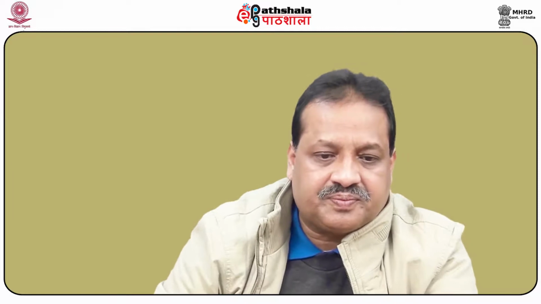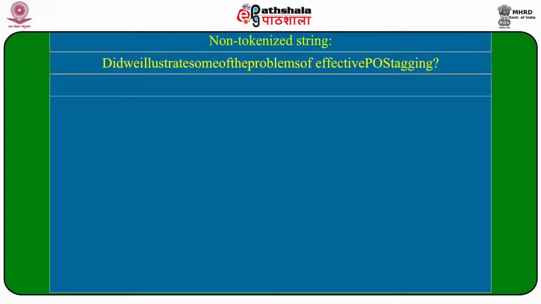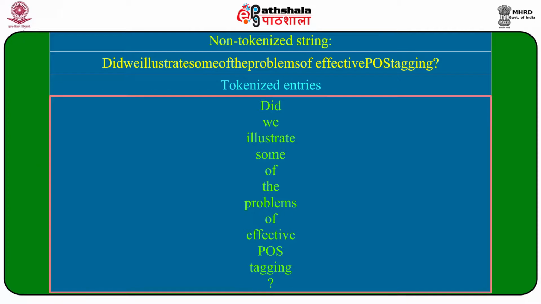You can see the example given here that illustrates some of the problems of effective POS tagging. All the words are clubbed together. So it stands as a long string without any space in between, but with space at the beginning and the end. For computer processing, it stands for a single word string.